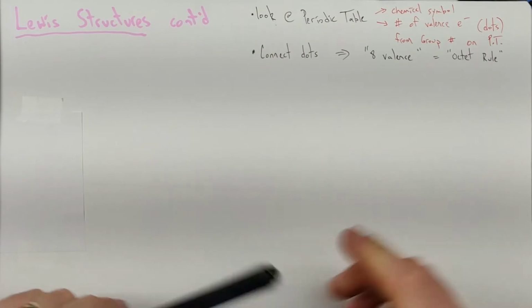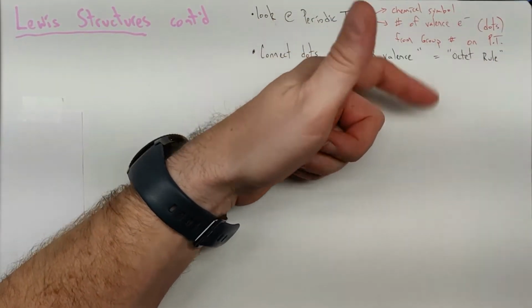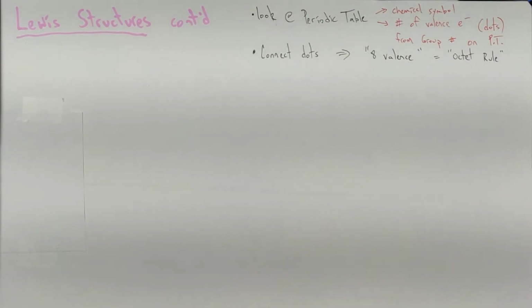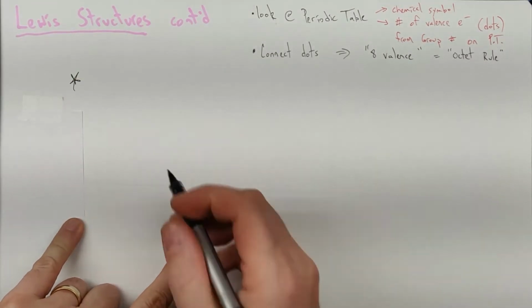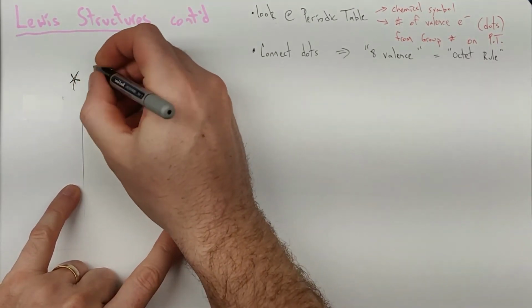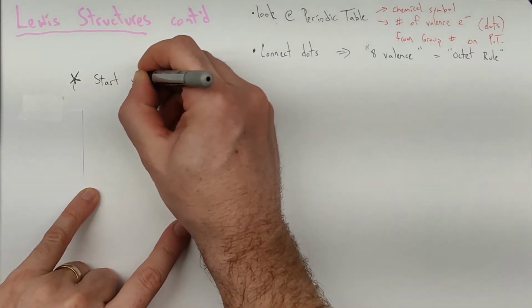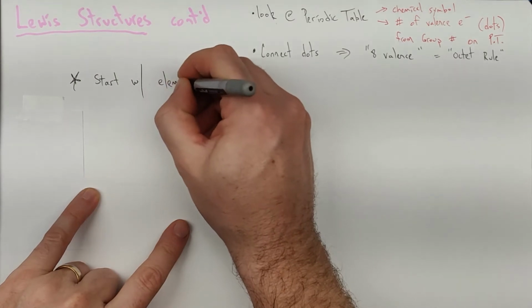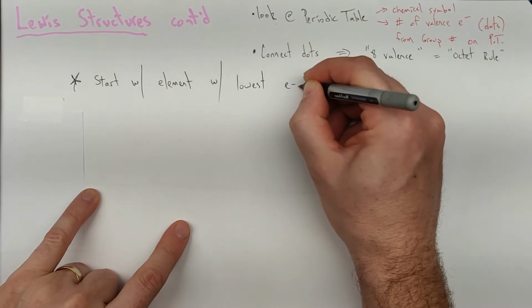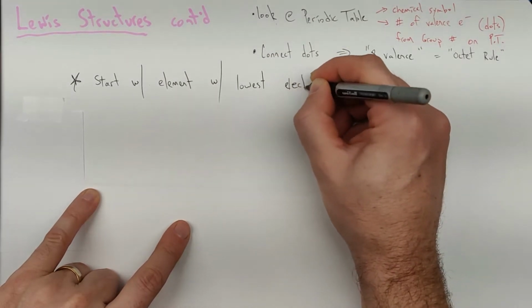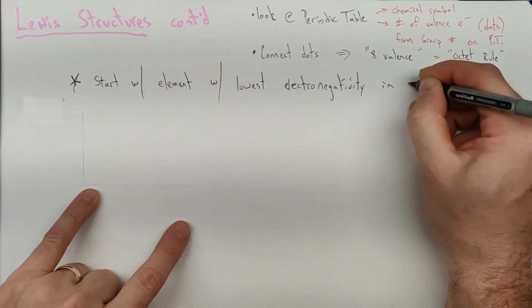So when you're starting out, we need to look at the periodic table, find the symbol, count the valence electrons, and I wrote this as kind of a footnote on one of the pages, but it's worth having it written out on a clean sheet of paper: when you're drawing Lewis structures, you're going to start with the element with the lowest electronegativity in the center.